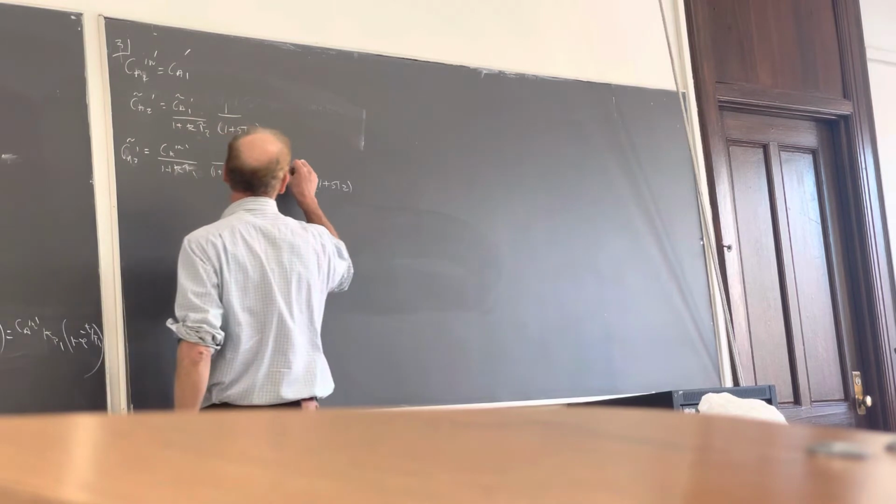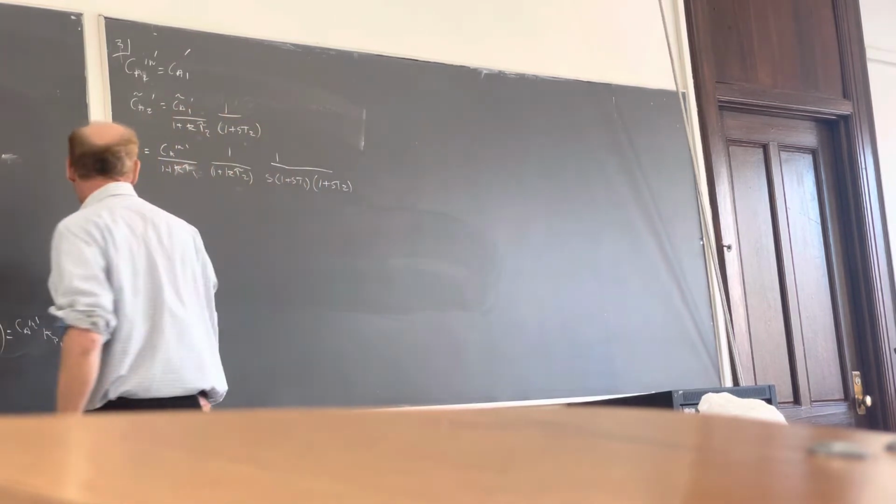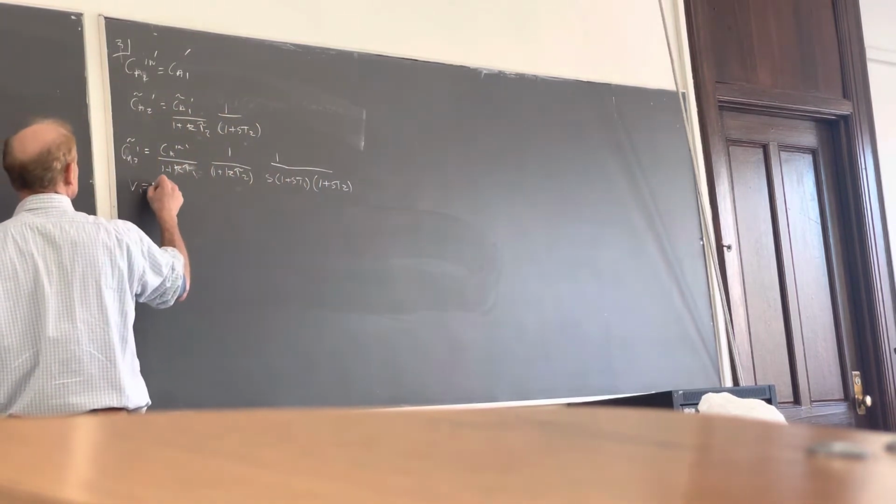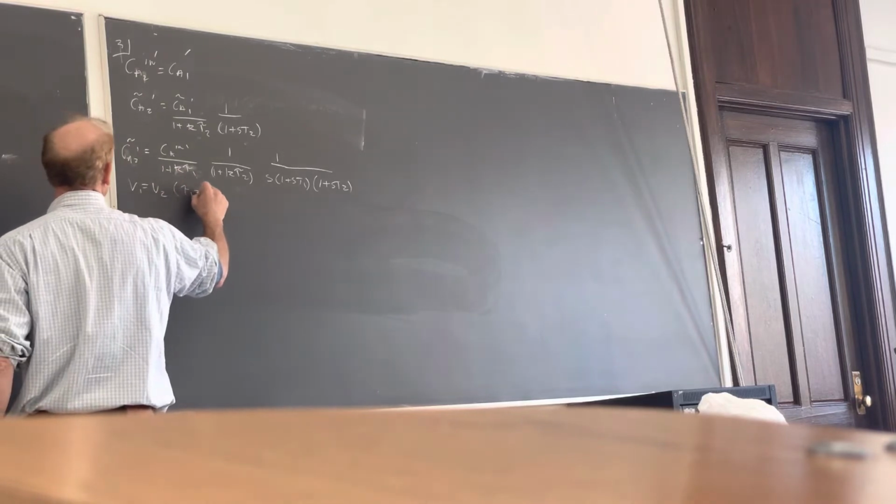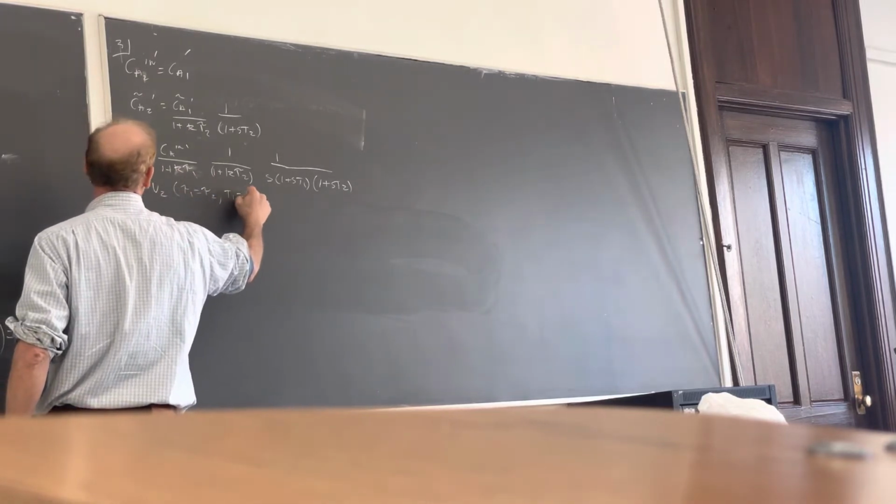And now let's do both cases separately. First, let's look at the case where V1 is equal to V2, which means that tau 1 is tau 2, which means that T1 is T2.